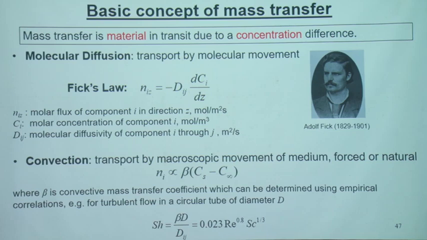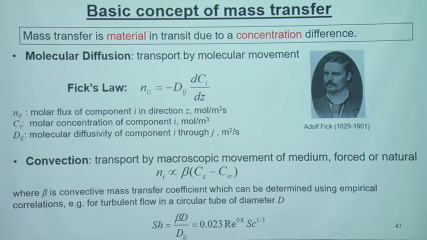For example, consider turbulent flow in a circular tube. Students studying engineering, when you learn mass transfer, will be introduced to several mass transfer correlations, just like heat transfer correlations. For heat transfer, you typically have the Nusselt number, which contains the heat transfer coefficient and can be related to the Prandtl number and the Reynolds number.